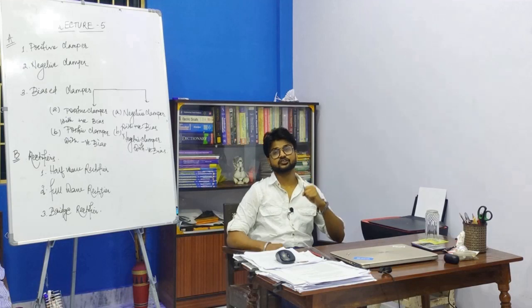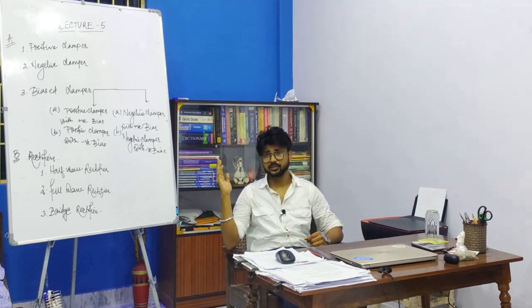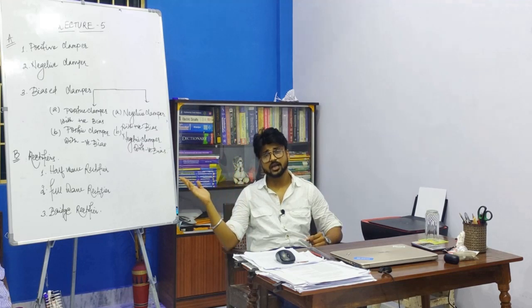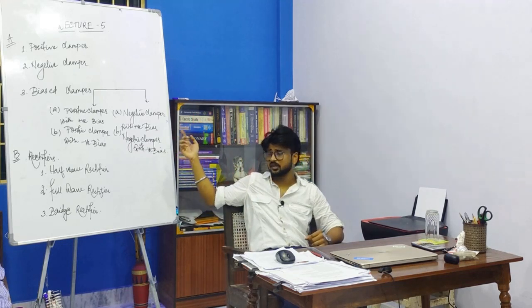So guys, today in this lecture 5, we discussed the positive clamper, the negative clamper, and the bias clamper. In the bias clamper we discussed the positive clamper with positive bias and with negative bias, as well as the negative clamper with positive bias and with negative bias.